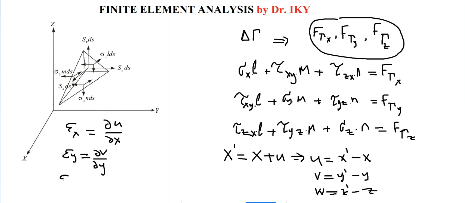And finally, epsilon z is equal to d omega over dz. And you will get the deformation after this. How? Let me show to you.